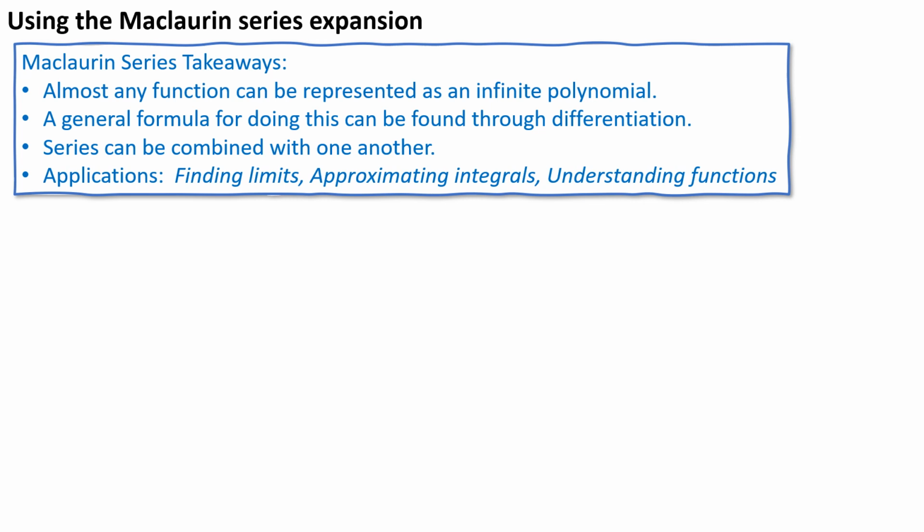The third bullet point, series can be combined with one another. We've not touched on very much yet, but if you had, for instance, the series expansion for e to the x and the series expansion for cos x, you could multiply the two expansions together to get the series expansion for e to the x cos x.